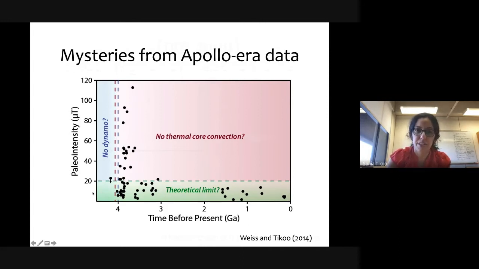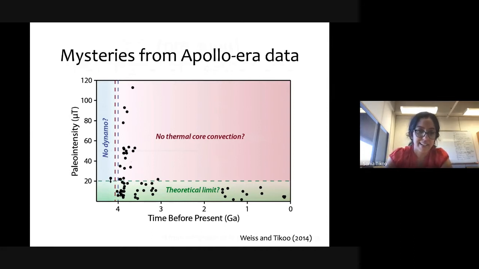Another issue was that thermal evolution models of the moon, given its small size and its small core and the cooling of that body, would theoretically predict that a lunar magnetic field powered by convection should not be stronger than even 1 microtesla or 20 microtesla at the absolute maximum. So the fact that we had intensities that were greater than that was very mysterious.